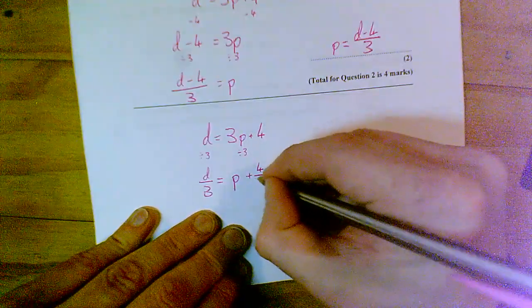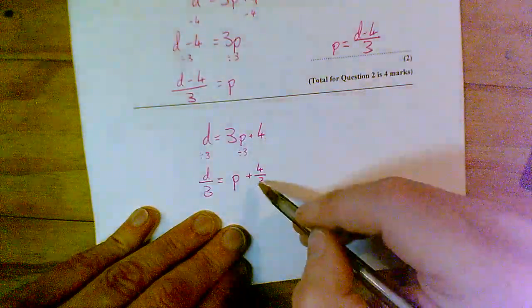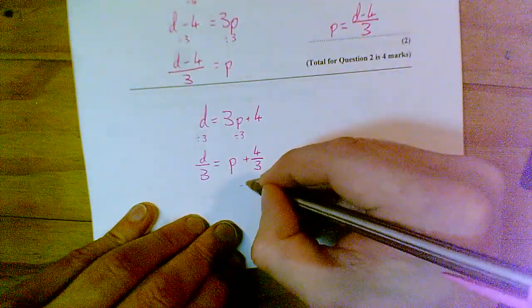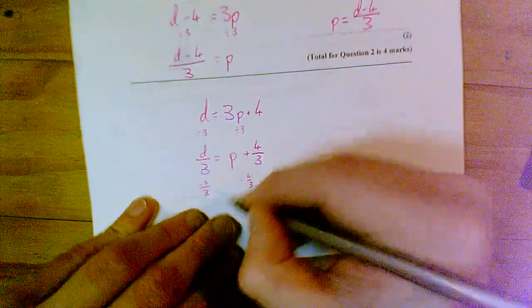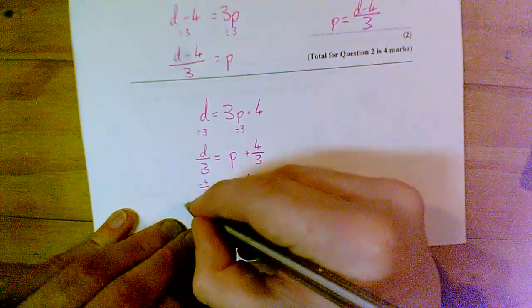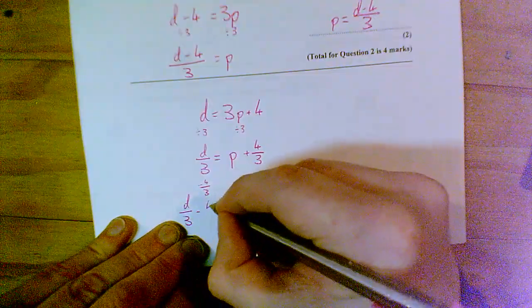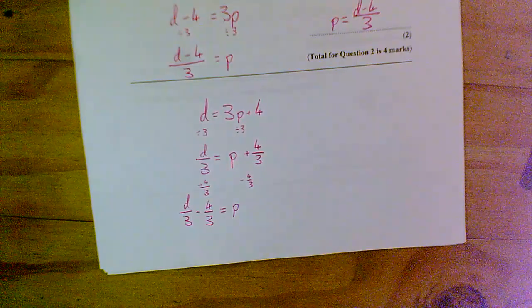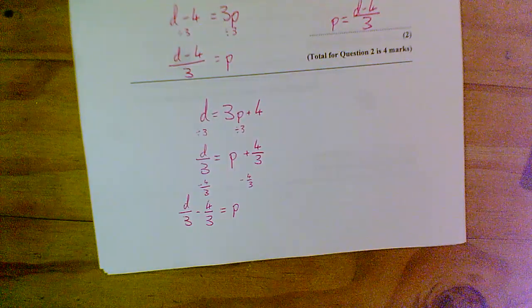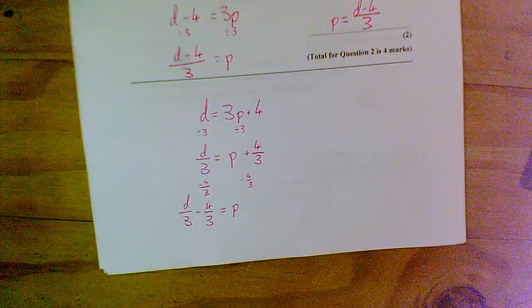So I then get 4/3 instead of just 4. I then subtract 4/3 from both sides, giving me p is d over 3, subtract 4 over 3. Looks different, but is also the correct answer. Just grab me a different colour pen.